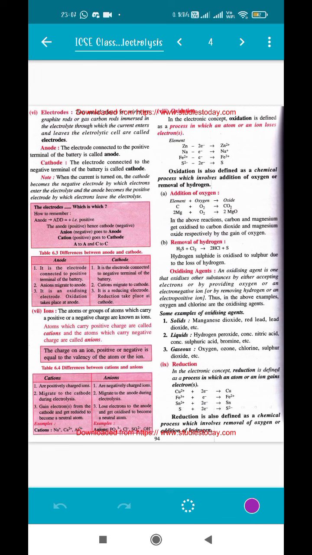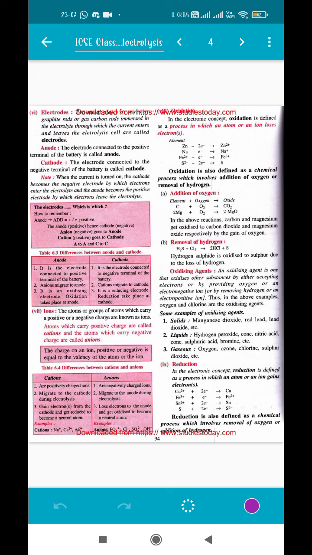These are called anions. So cations will move towards the cathode, C2C, and anions will move towards the anode, A2A. Very easy to remember it this way. So if you remember which one is the cathode and which one is the anode, you can very easily remember cations will move towards the cathode and anions will move towards the anode. This is what will happen, which we'll learn.